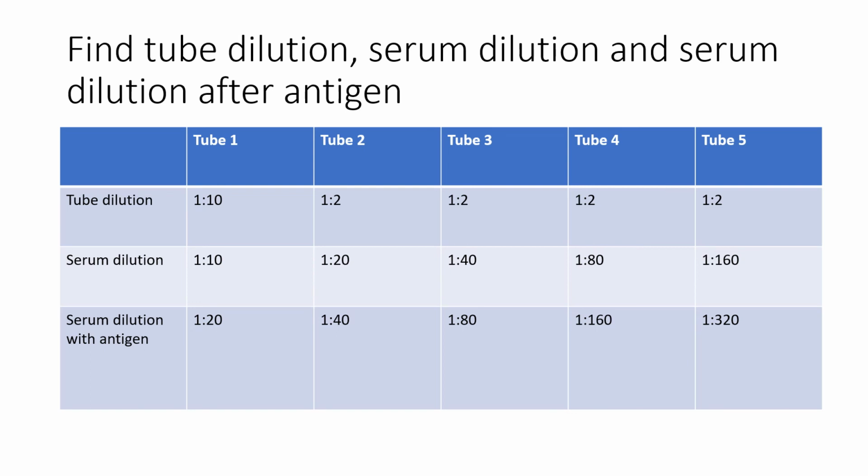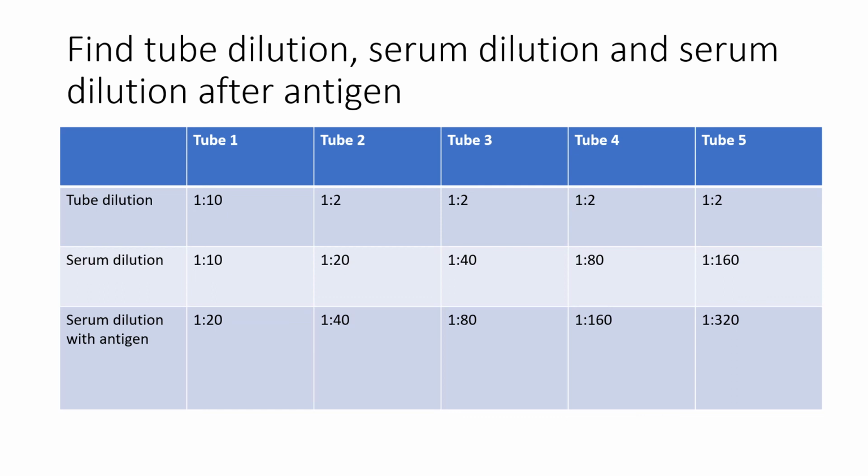Now our serum dilution in tube 2, because our tube dilution is 1-to-2, we can take our 1-to-10 serum dilution and multiply that times 2, giving us a 1-to-20 serum dilution in tube 2. Tube 3 is 2 times more dilute than tube 2, so our serum dilution is 1-to-40. Tube 4 is 1-to-80, and tube 5 is 1-to-160. Okay, now the confusing part.